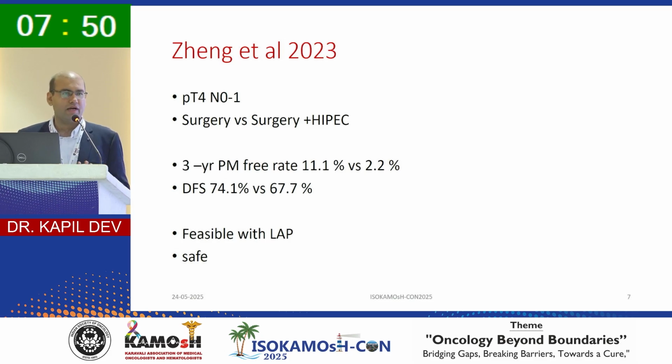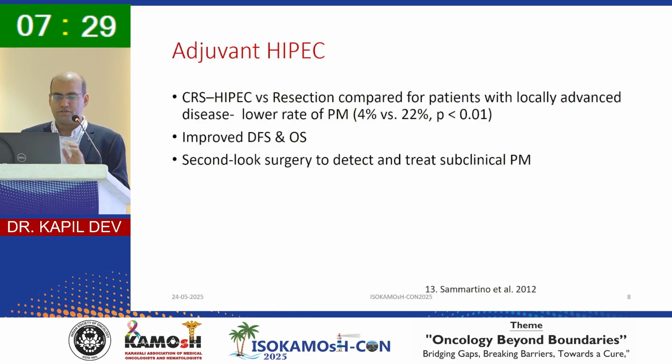It means significant local control is achieved if patients are selected with only T4 and N0, N1 disease. Disease-free survival was also slightly higher with HIPEC surgery. Most patients were operated laparoscopically, and they found it safe and feasible, with acceptable complications and good survival.